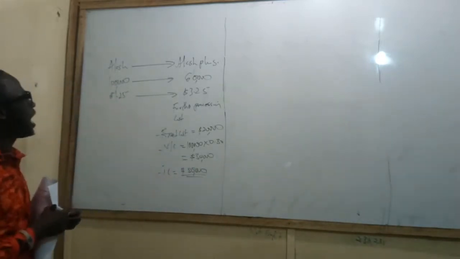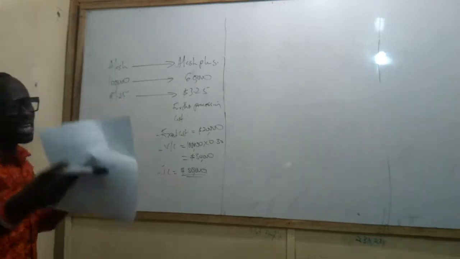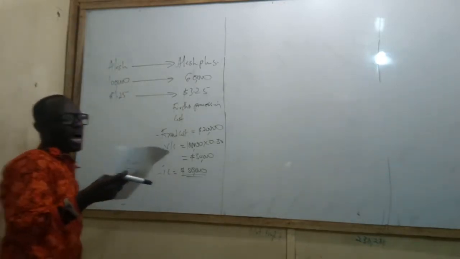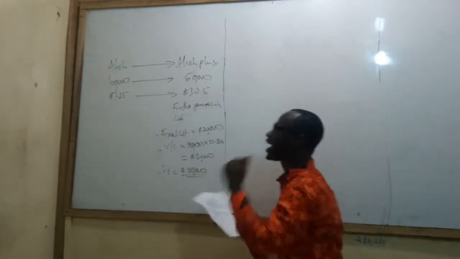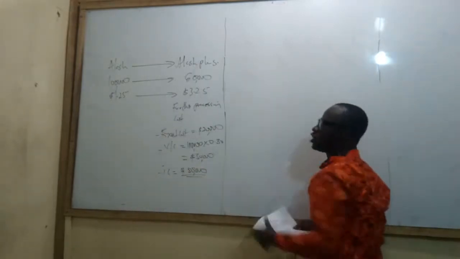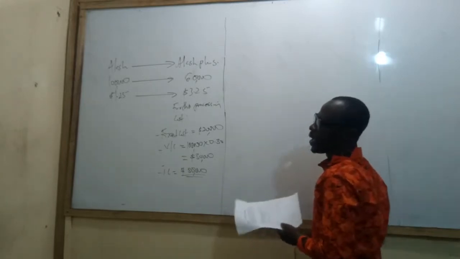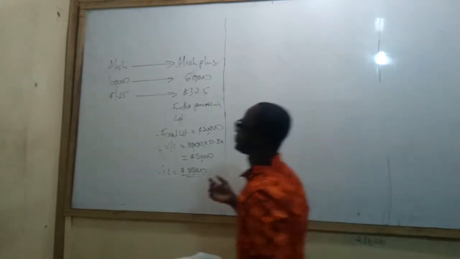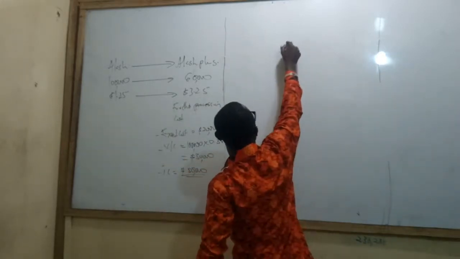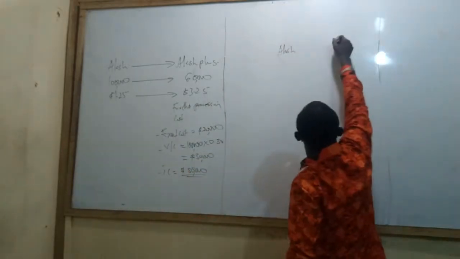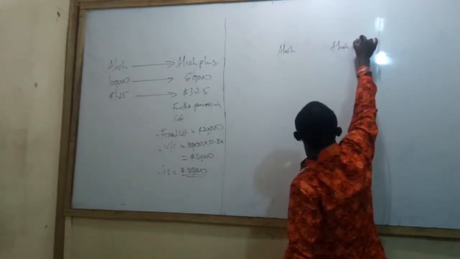Okay. Now, the question the examiner is asking is, should the company sell Alas or Alas Plus? In other words, should the company further process or not? So what do we do here? We need to get the revenue for Alas and then Alas Plus.